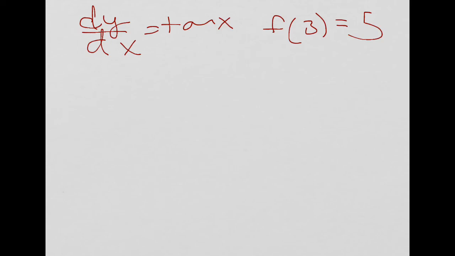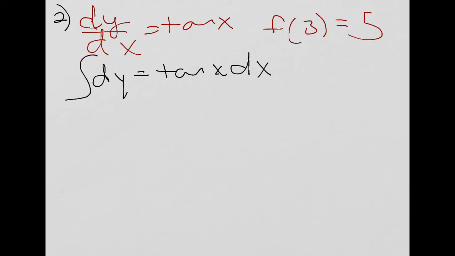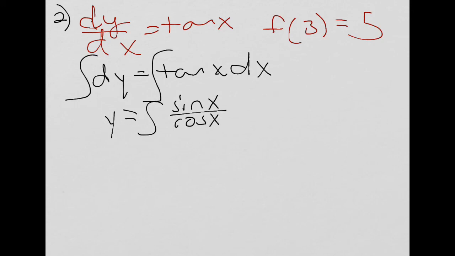We're multiplying both sides of our equation by dx such that we can integrate both sides, take an antiderivative. And in this particular case, when we're integrating tangent of x with respect to x, we don't have a rule, but we do know the quotient identity for tangent of x is sine of x over cosine of x.